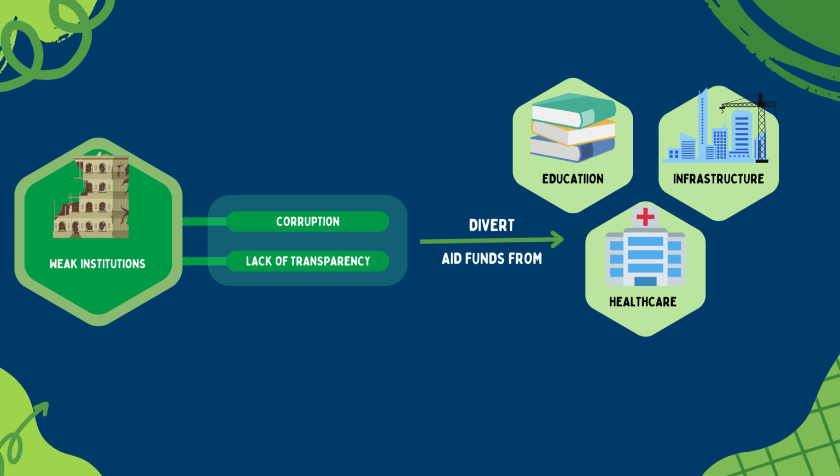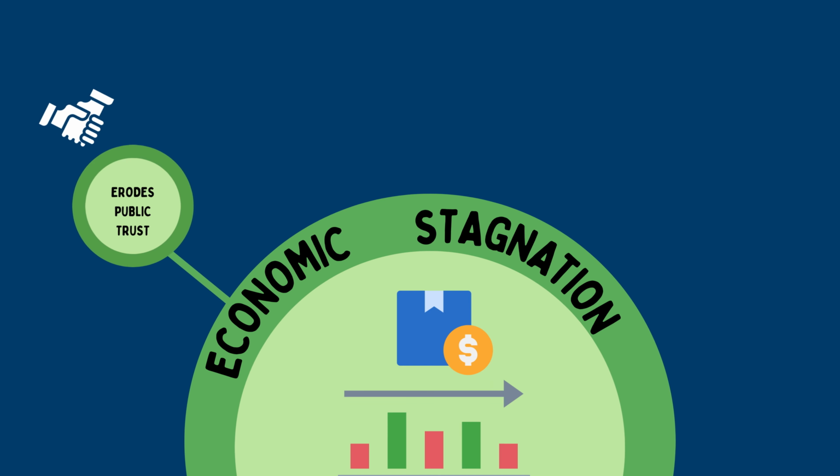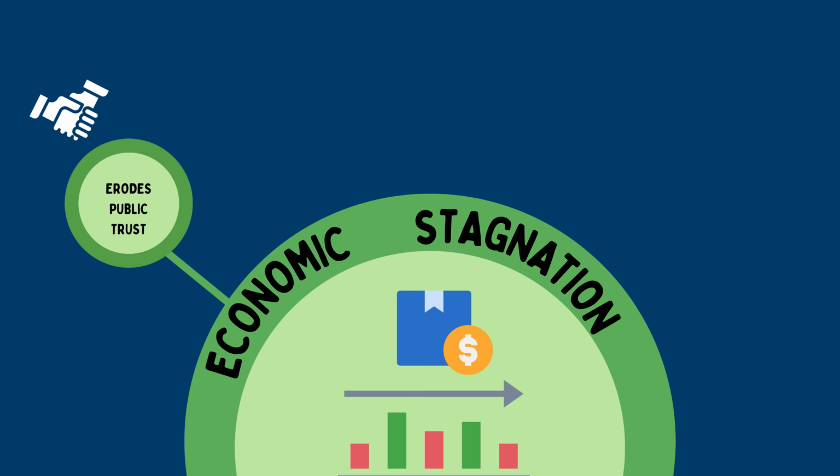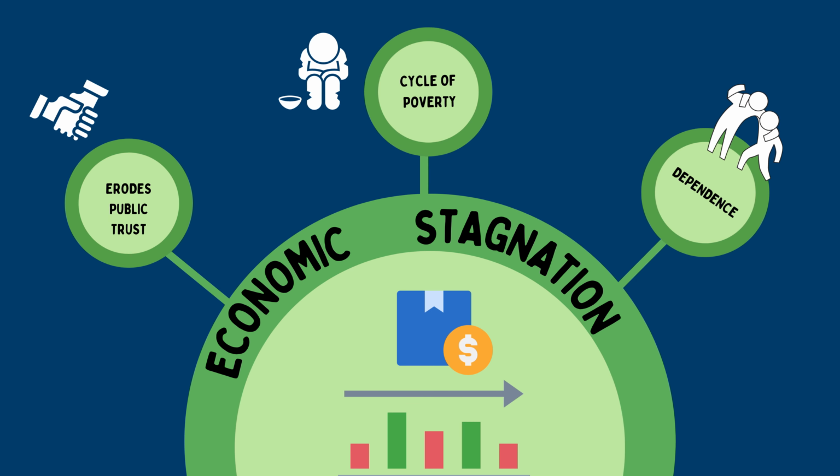As a result, the economy remains stagnant, therefore perpetuating poverty and hindering sustainable growth. Unfortunately, the intended benefits of foreign aid often do not reach those who need it most. This undermines public trust and perpetuates a cycle of poverty and dependency. And although the country receives substantial amounts of foreign aid, the weak institutional framework hinders the effective allocation and use of these resources.